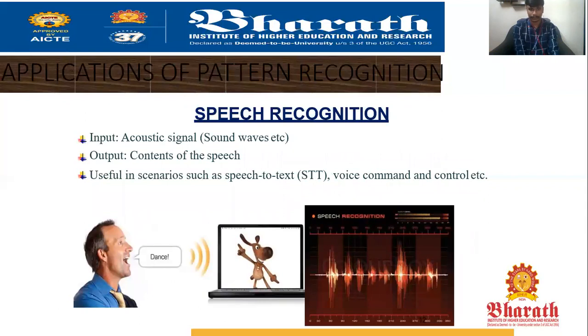Speech recognition, otherwise known as voice recognition. Recognizing the user by their voice, vocal sound, is known as speech or voice recognition. Input will be the acoustic signal in the form of sound waves, and output will be the content of the speech, with the parameters of the vocal such as bass and volume.